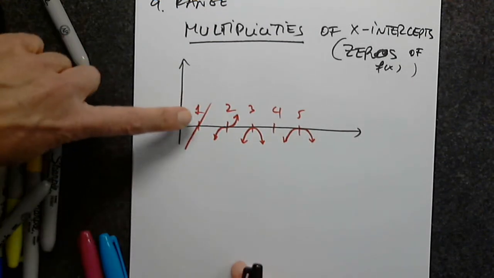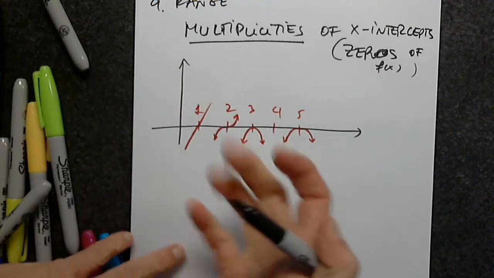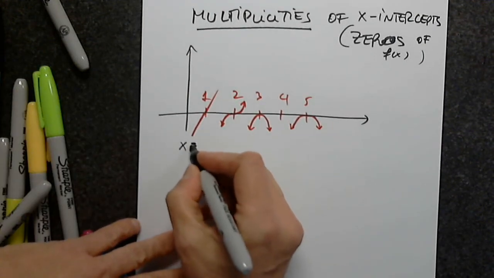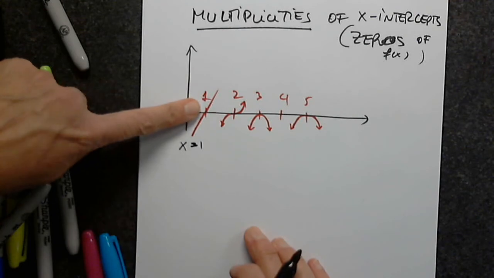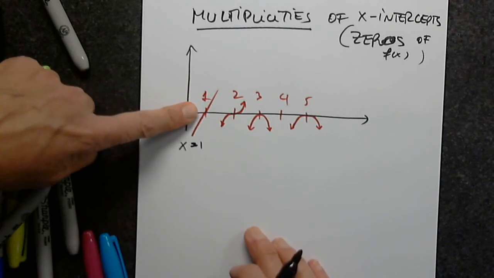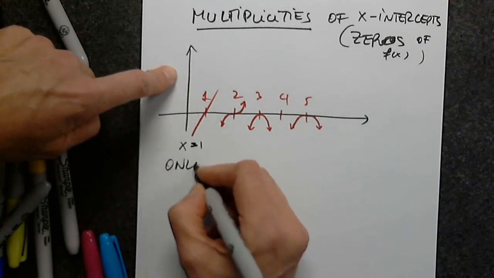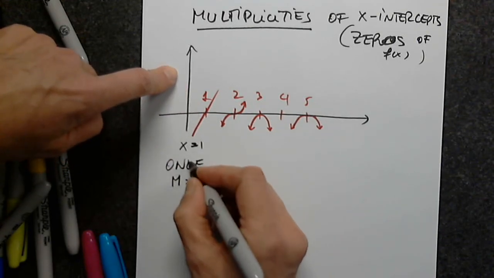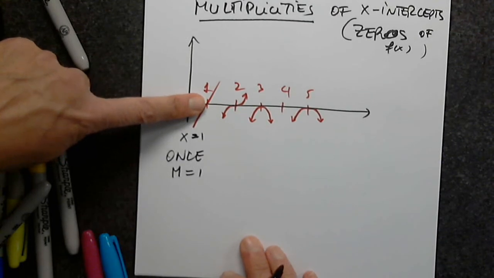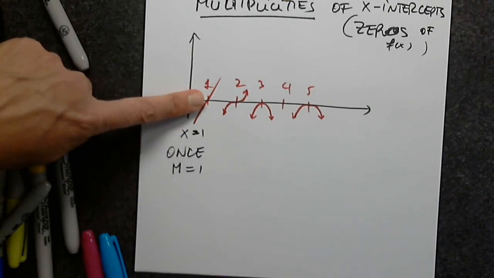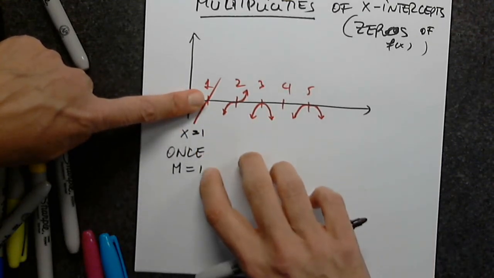Okay, so for this function, obviously it crosses at x equals 1. How many times do you think we have this solution x equals 1? Exactly, that's once. We call this multiplicity 1. For x equals 1 appears once. There is no connection between this number and this number.